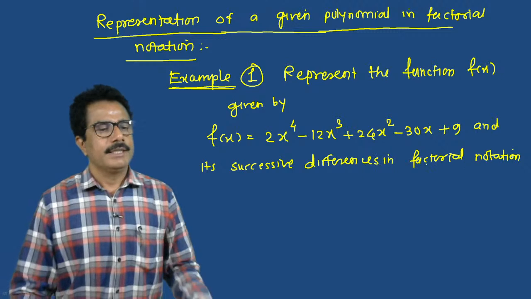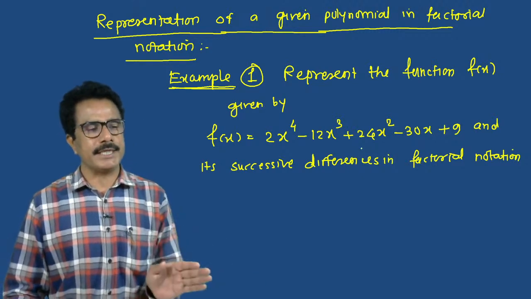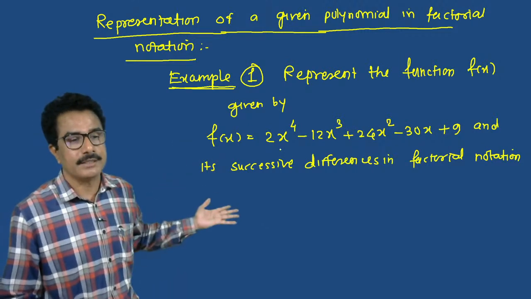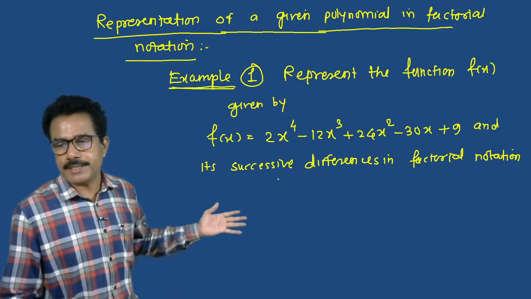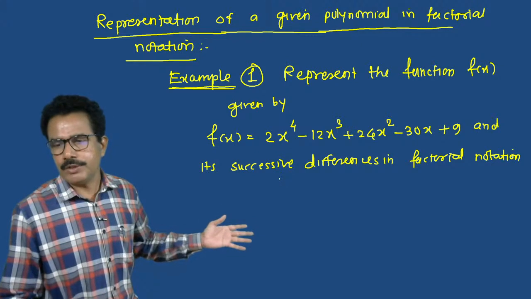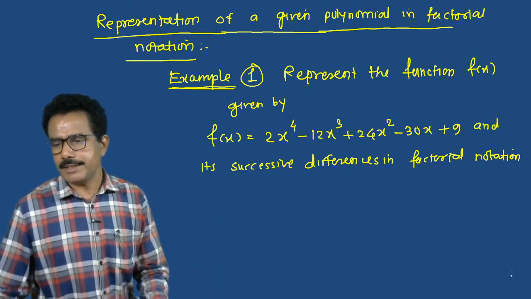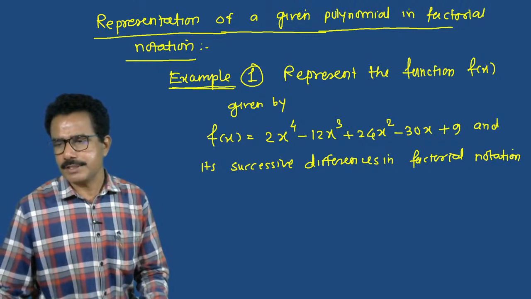We have to represent this given function in the form of factorials, and also we have to represent its successive differences.